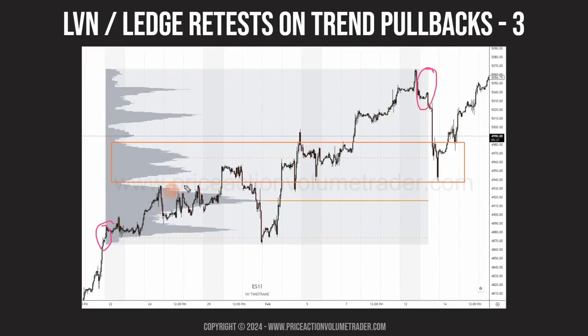Okay, the reason I do that is because I want to show you, if you look at this just as back testing and you apply a volume profile for this whole thing, then the high volume nodes are going to look very clear, but it's very key to try to look at this from the point of view of if you were trading this live when the market was open.